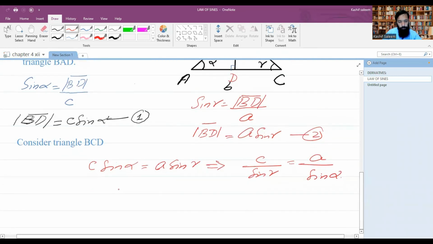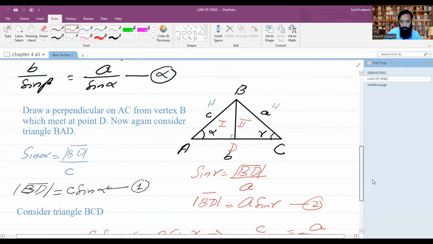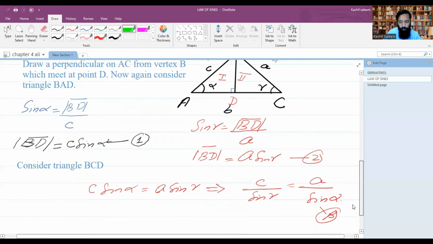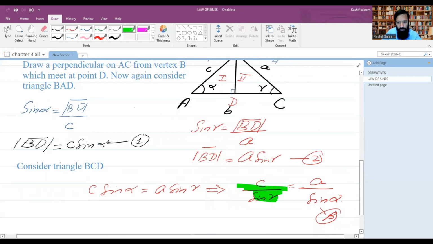So now this is equation beta. By comparing alpha and beta, what is alpha? The alpha equation is a upon sine alpha equal to b upon sine beta. And we have a upon sine alpha equal to c upon sine gamma.